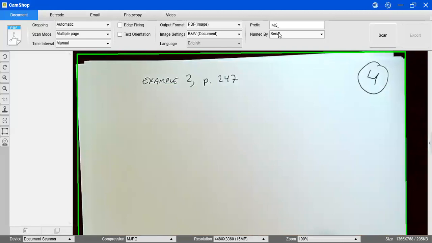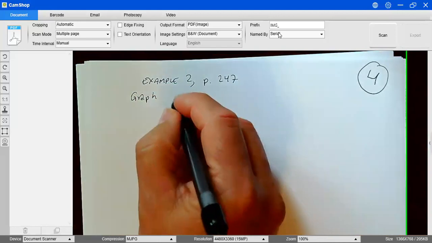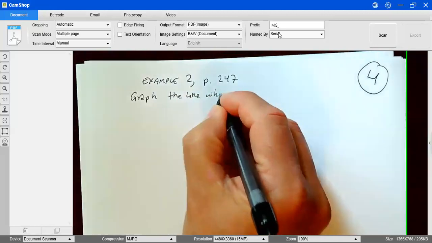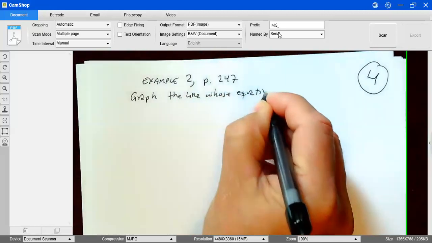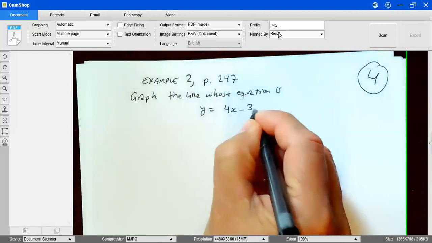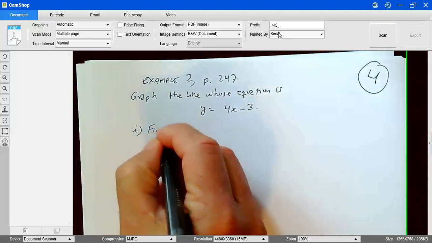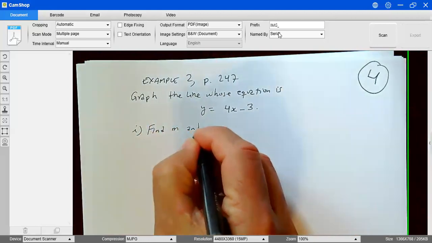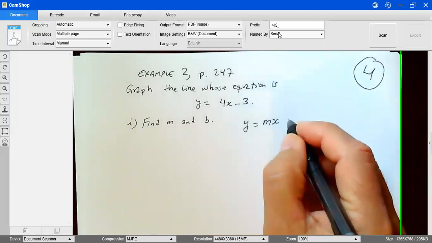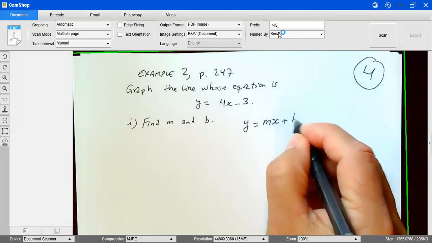247. So we're going to graph the line whose equation is y equals 4x minus 3. So the first thing is we need to find m and b. So we need to write our formula for the line, for the equation of the line in the slope-intercept form.